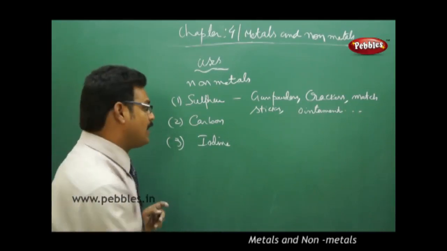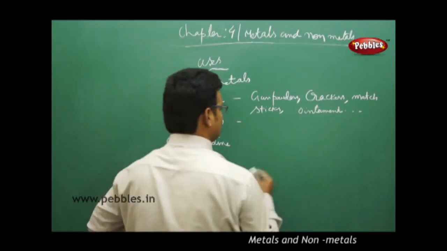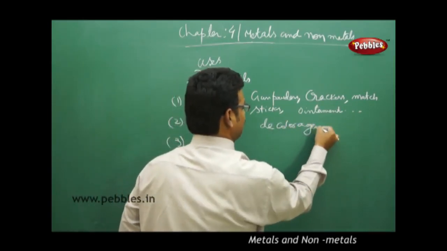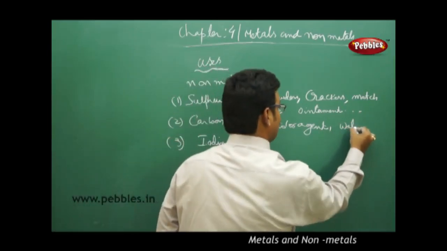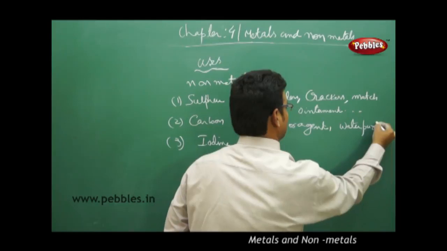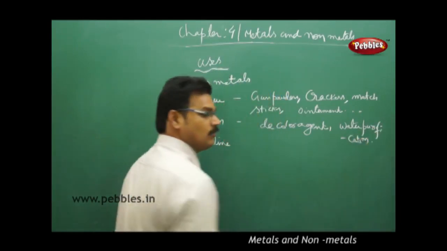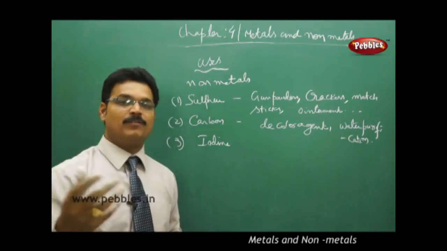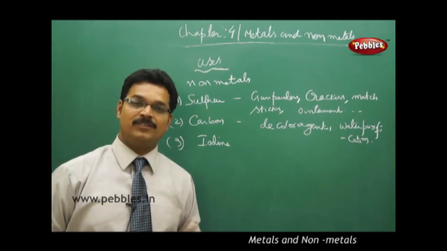Carbon, activated carbon. This carbon is used as a decolorizing agent, and is also used in water purification. Nowadays, if you see water purifiers from different companies, they will say that you have to replace the refill after 3 months, 4 months.